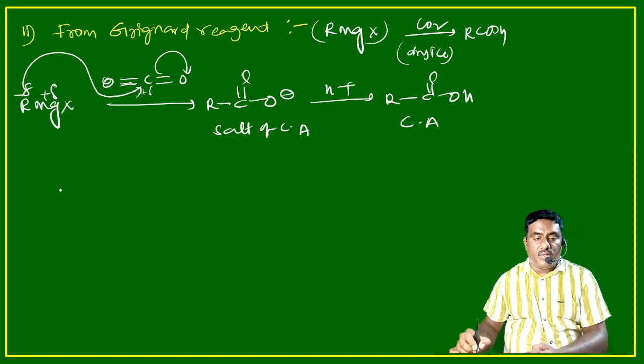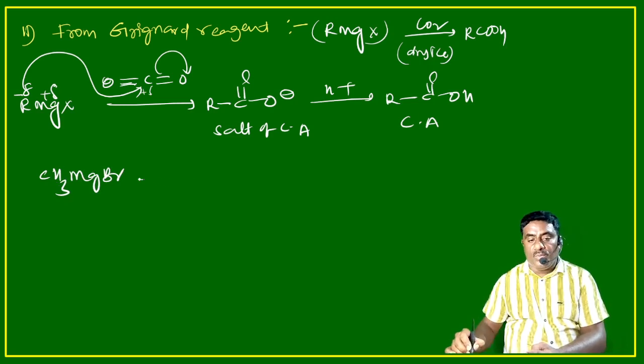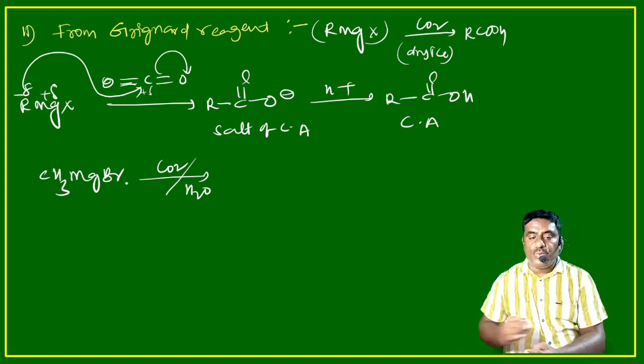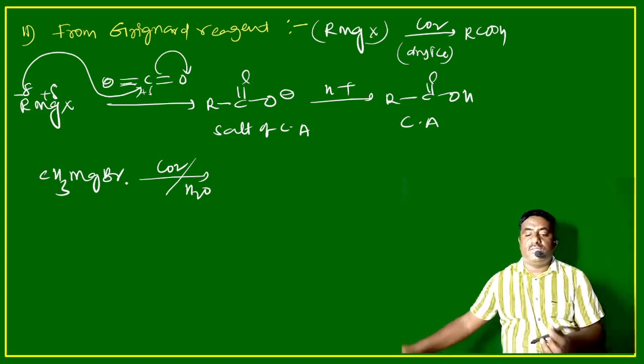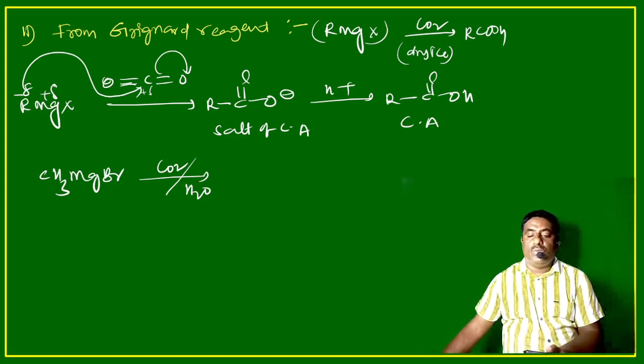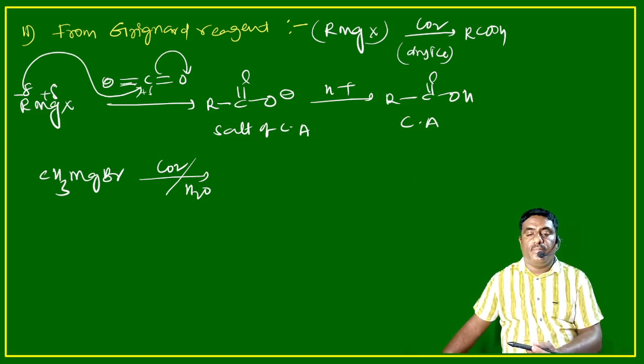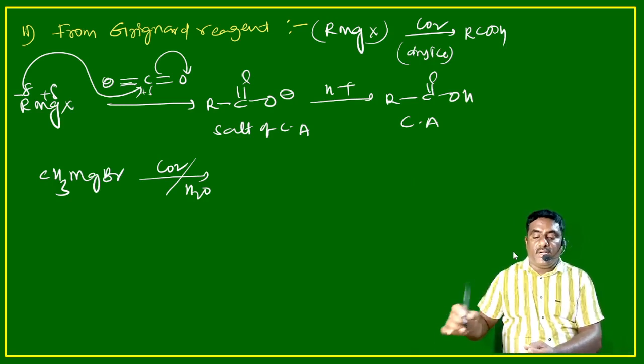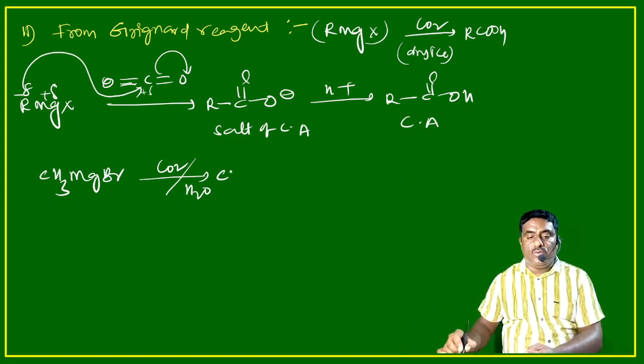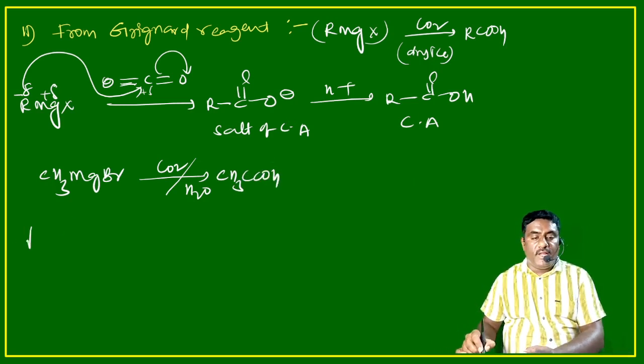Let's take the example methyl magnesium bromide, CH3MgBr, in the presence of CO2 and H2O. It gives CH3COOH. Now I am taking phenyl magnesium bromide.